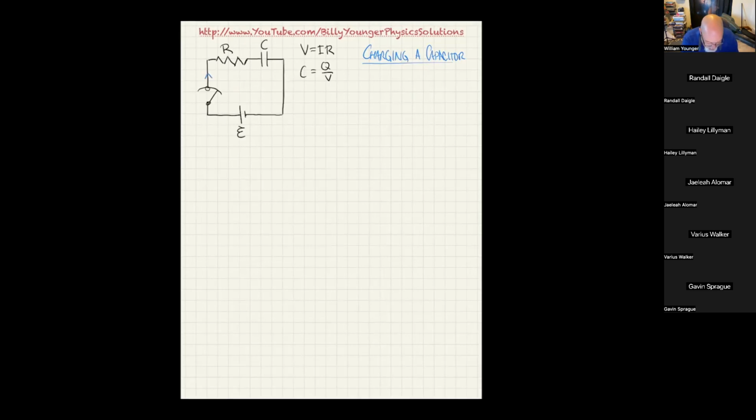So you'd have V equals IR as a drop across the resistance, but then you'd have V equals Q over C as a voltage drop across the capacitor, and then you'd have E as a voltage increase in going around one loop. And then you could do things like I is dQ/dt.